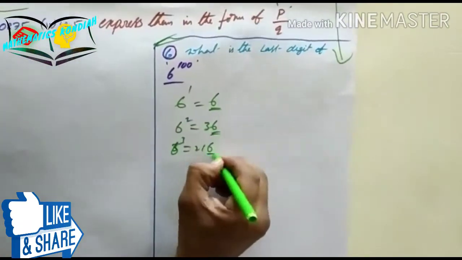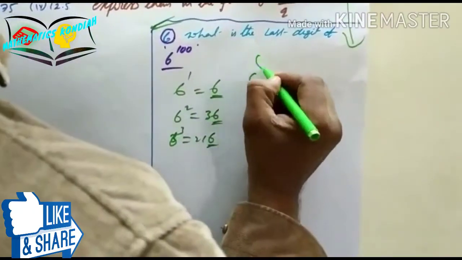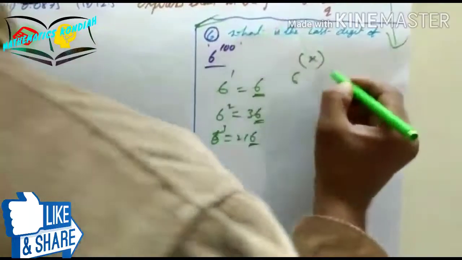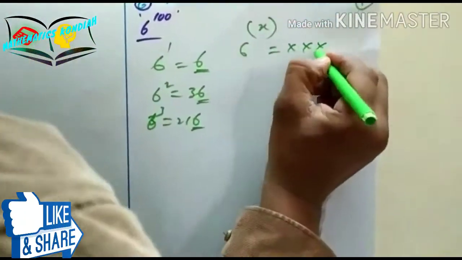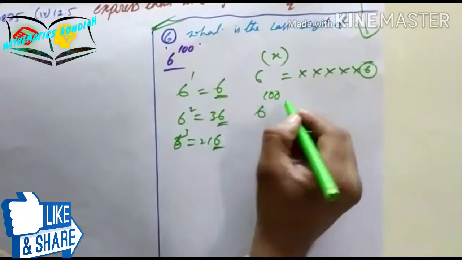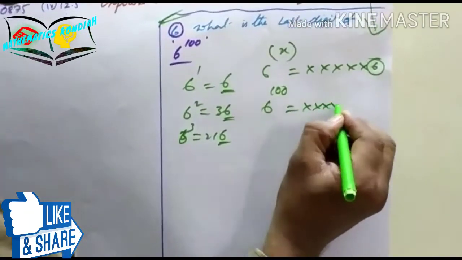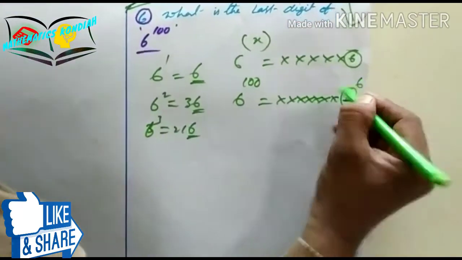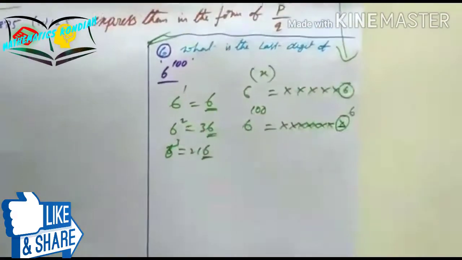The last digit is 6. For 6 power any natural number, the number always ends with 6. Therefore 6 power 100 is a big number, but its last digit is always 6.